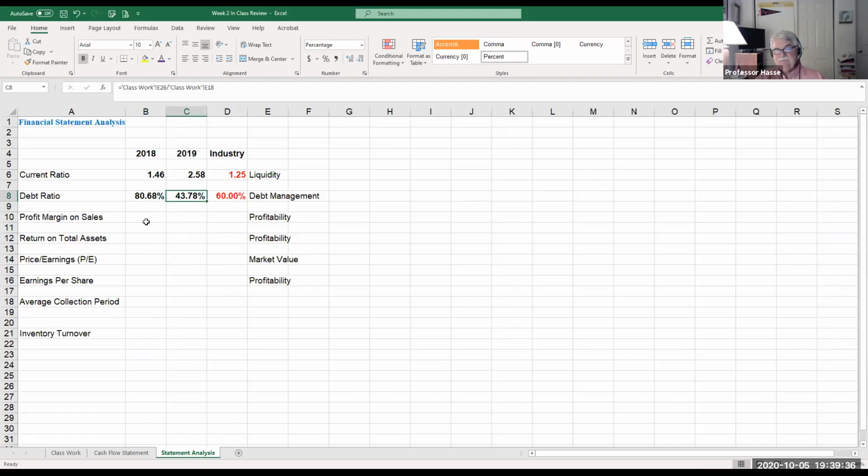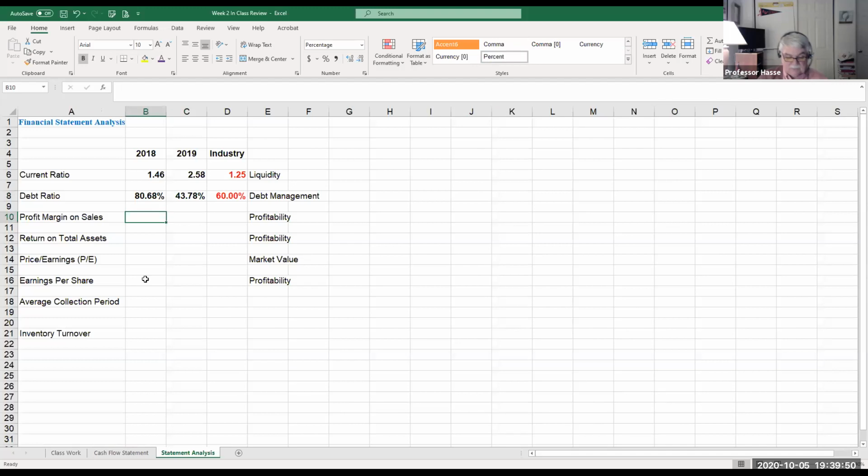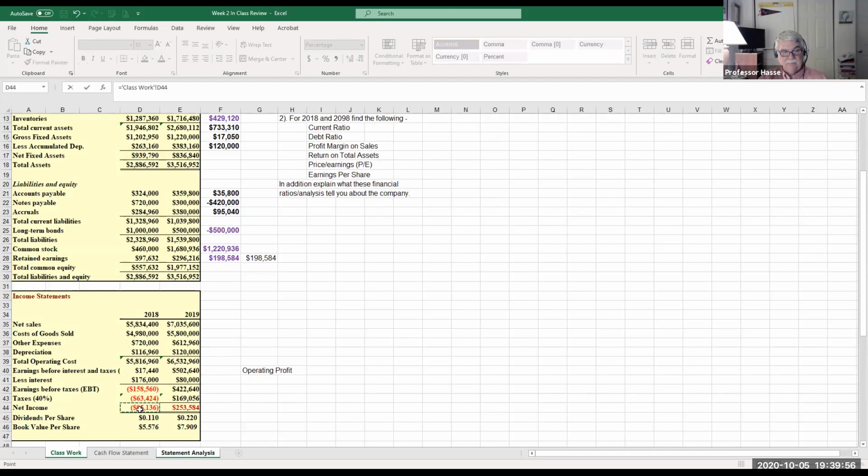Profit margin: the relationship of net income to sales. So this is the income statement, so we go to the income statement. In 2018, net income is a loss. So it equals net income divided by revenues, sales.